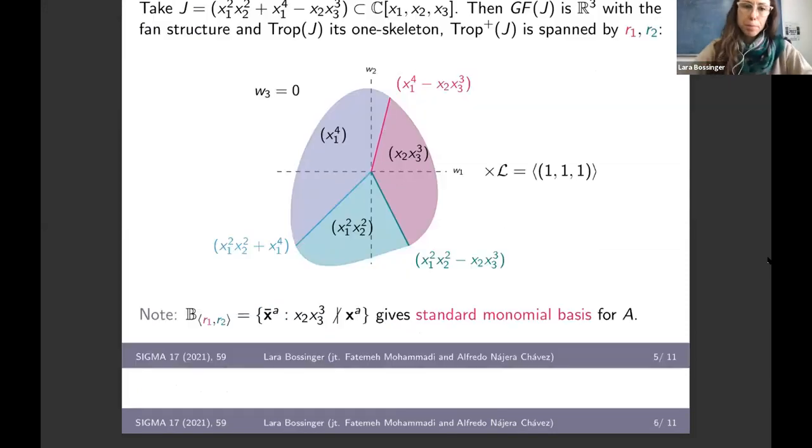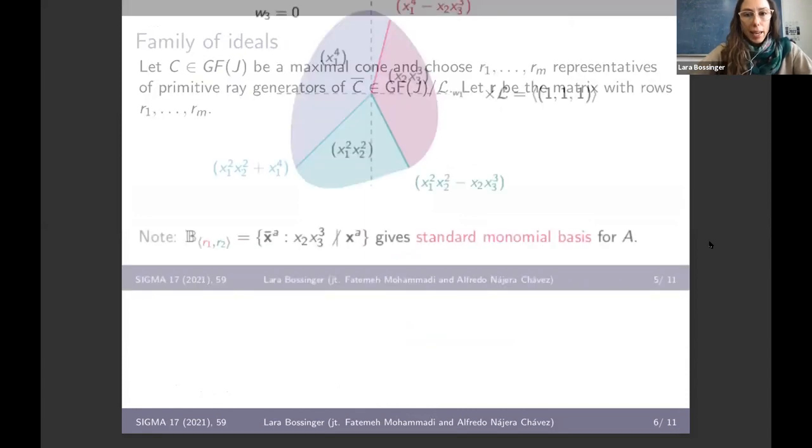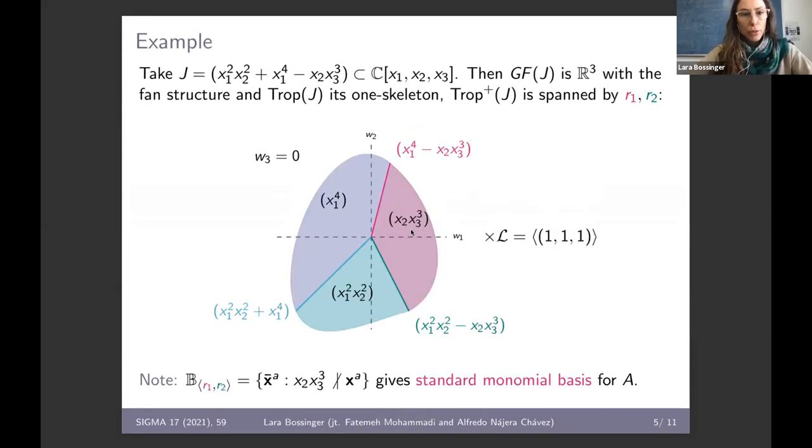Then let me continue. So in this paper with Fatemeh and Alfredo, what we did was generalize slightly the standard construction of degenerations by initial ideals. So if you pick any weight inside the Gröbner cone, you can write down a flat family or deformation of the algebra A that degenerates it or deforms it to the quotient by the initial ideal.